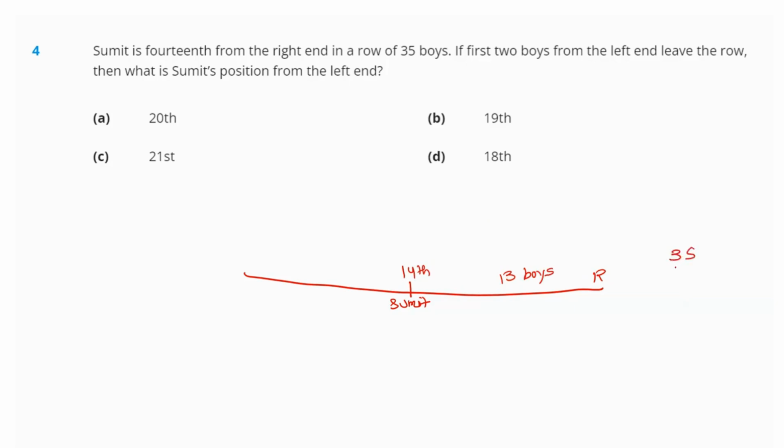35 minus 14 gives us 21. So here are 21 boys to the left. If 2 boys from the left end leave the row, what is his position from the left end? Now 2 boys leave the row.